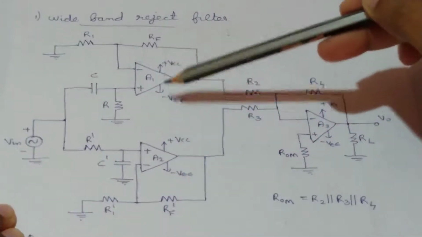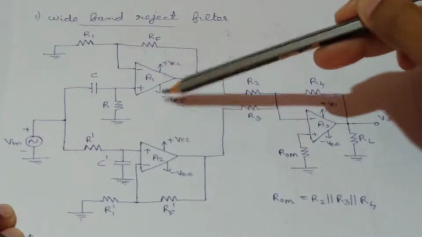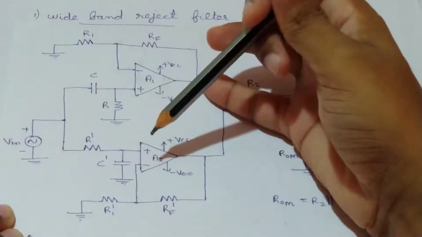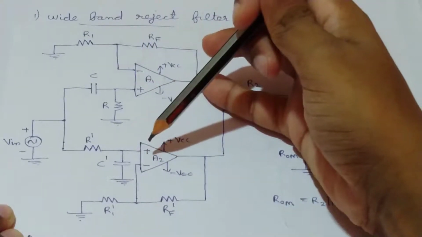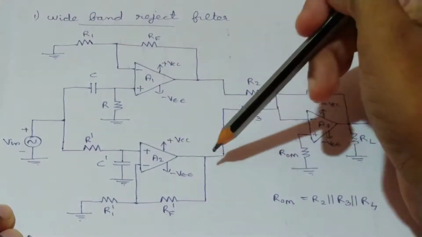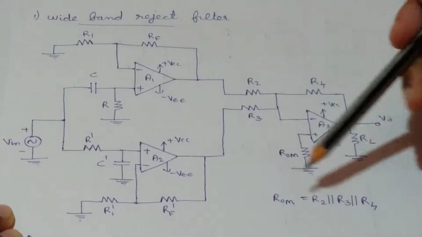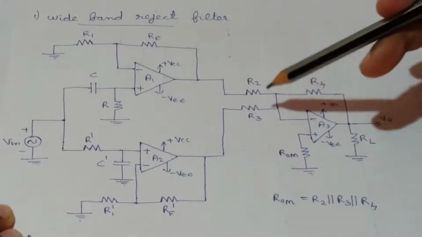And here we can see that high pass and low pass filters are connected in parallel. In the case of wide band pass filter, we connected the high pass and low pass filters in series, but here we need to connect these two in parallel, and the output of the low pass and high pass filters are added together by using this summing amplifier section.